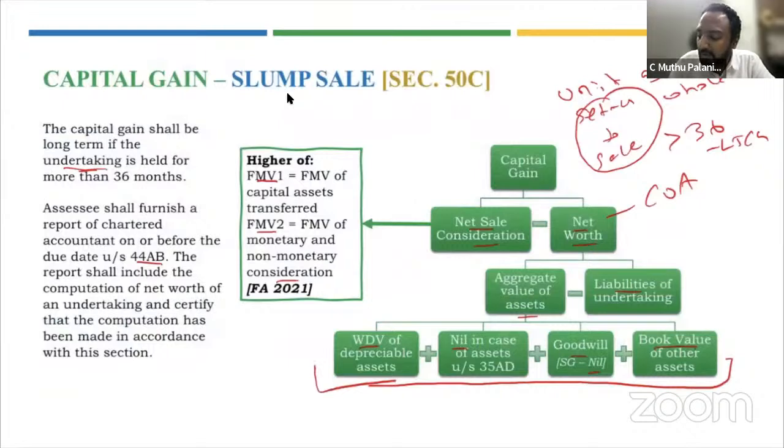It is also important to calculate FMV1 and FMV2. So these are also critical calculations. These all involve calculation to understand what exactly your capital gain is. So fair market value, all these four assets will be taken into consideration. I said the depreciable asset, nil in case of receivables, goodwill, and book value in case of any other asset. So that should also be considered.